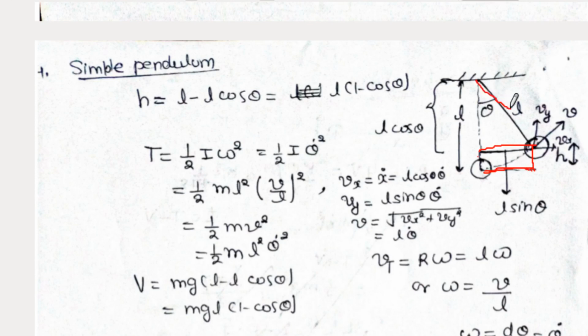So this is again the length L, and when you take the component of this along the vertical direction, you will get this L cos theta, right? And the perpendicular component will be L sin theta.